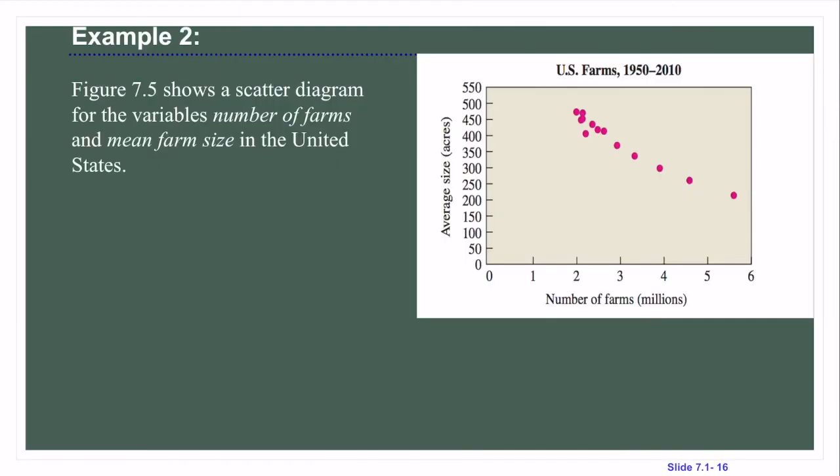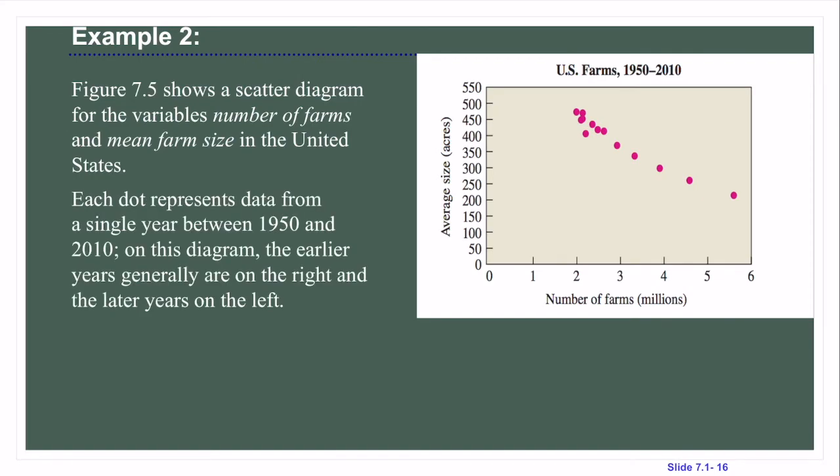So let's take a look at this example showing scatter diagrams for the number of farms and mean farm size in the United States. Each dot represents data from a single year between 1950 and 2010. The earlier years are on the right and the later years on the left, right?